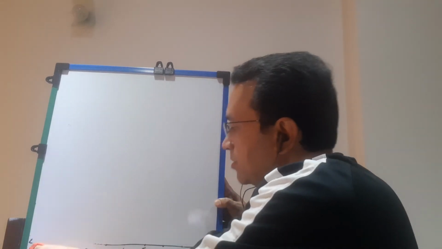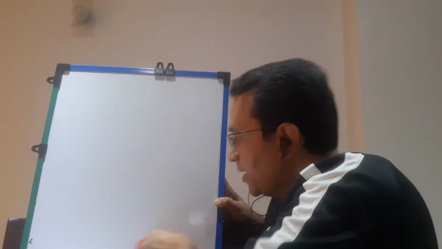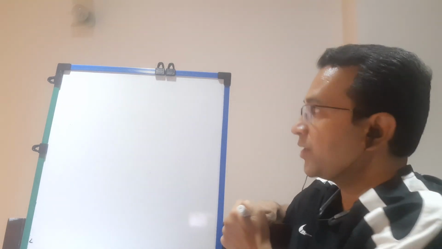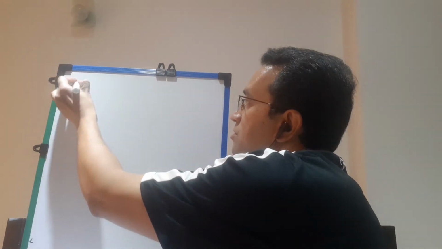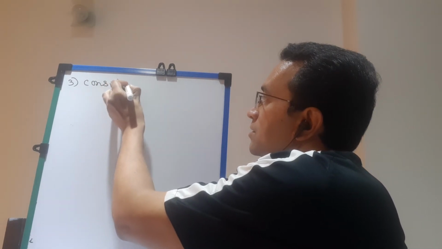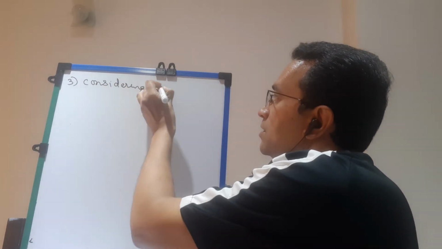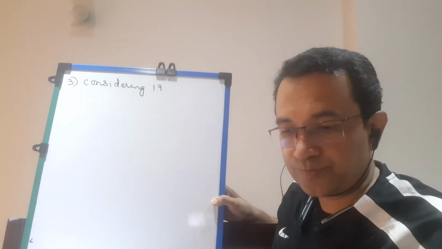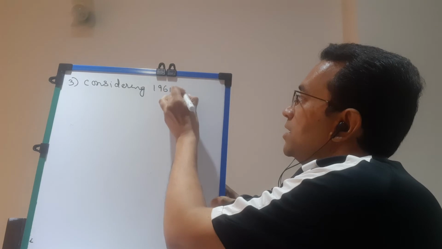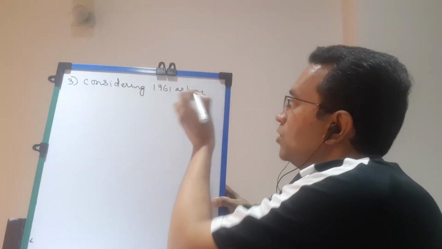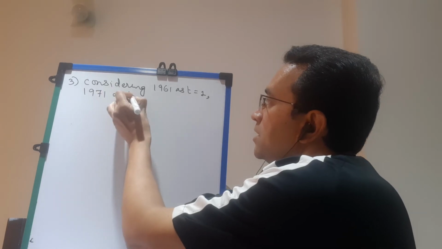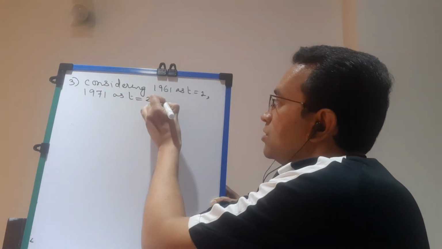Okay, in one more sum, let me write so that you people are well versed within that frame of step. Sum number 3, students, considering 1961, t is equal to 1. 1971, t is equal to 2.